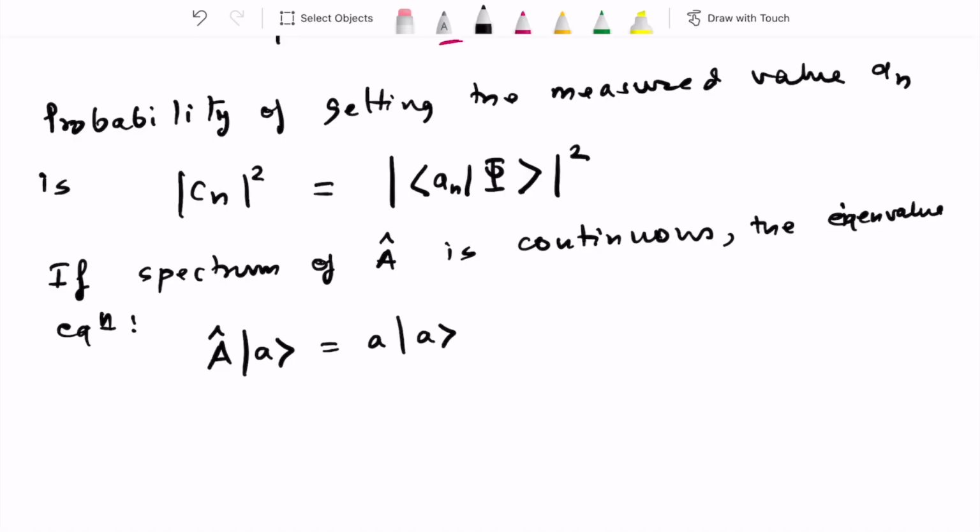Now the GSI says that if you make a measurement of whatever this quantity A corresponds to, you will get a measured value of A. But what is the probability of getting a particular A? Since A is a continuous variable, you can't really talk about the probability of getting a particular value of A. You can only talk about the probability of measuring something that lies in a range, of A lying between A and A plus dA.